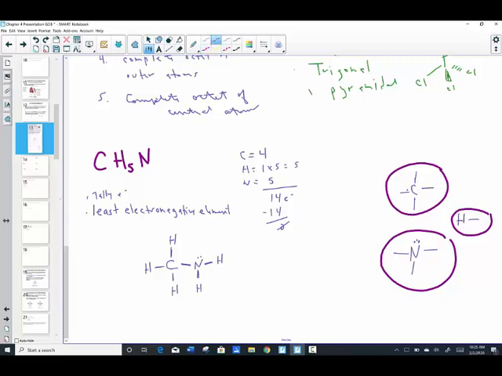This will also kind of be fun. We'll talk about the geometry around each particular atom, that we only focus our attention on one central atom at a time when we talk about molecular geometry. We'll learn that since this carbon is attached to 4 atoms, attached to 4 atoms makes it a tetrahedral molecular geometry.